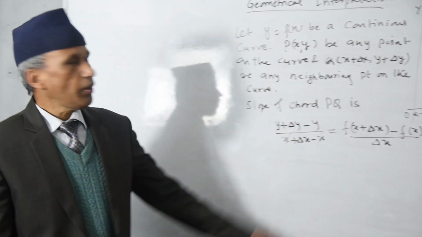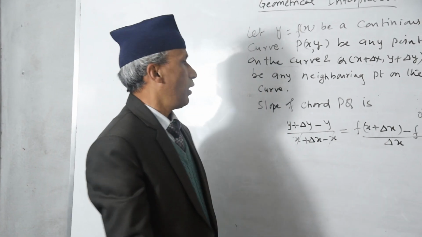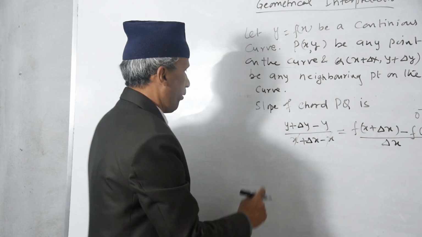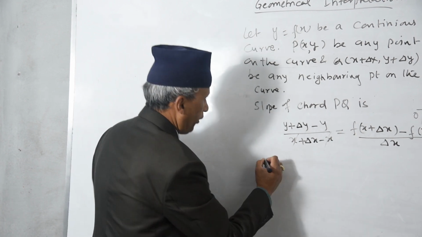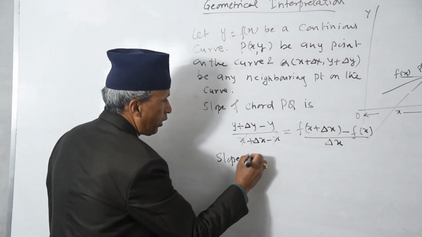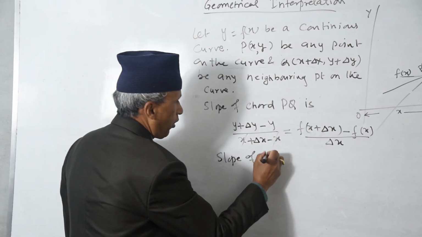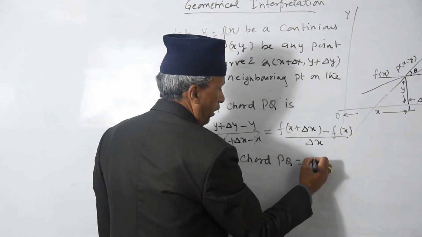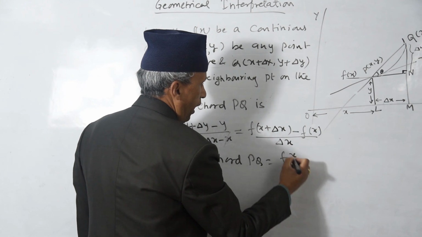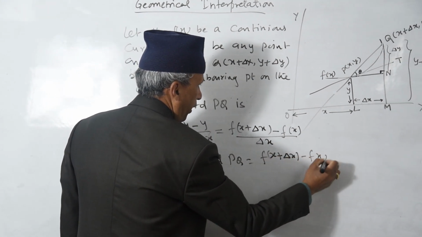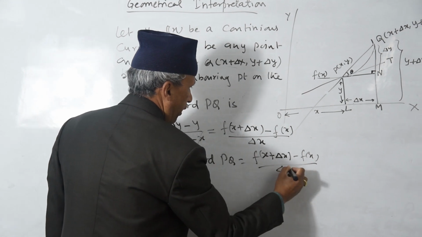Now we are going to get some expression very near to the derivative. Then the slope of chord PQ is equal to f of x plus delta x minus f of x divided by delta x.